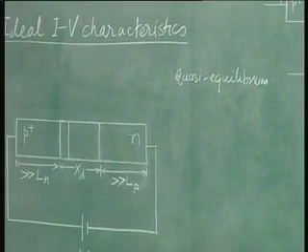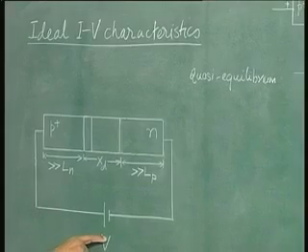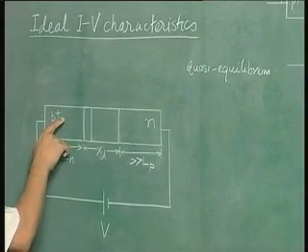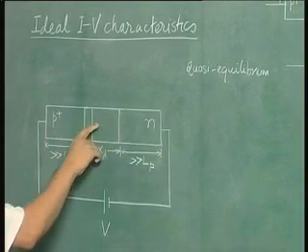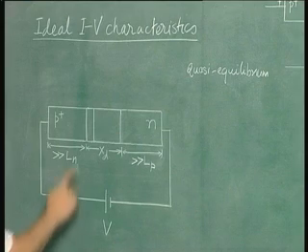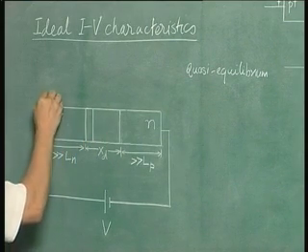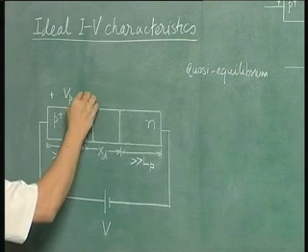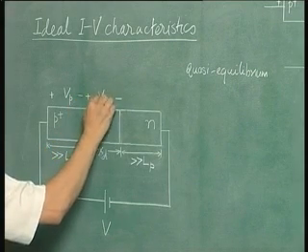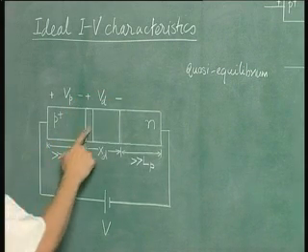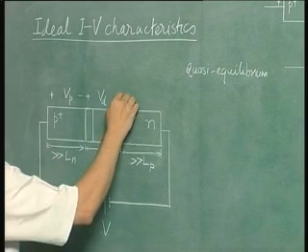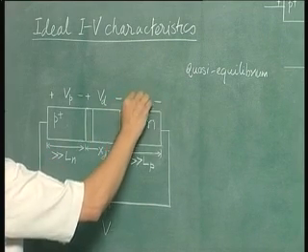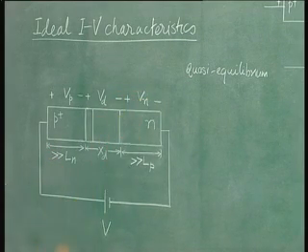Next, the applied voltage drops across the neutral regions as well as the space charge region. So let us show these different voltage drops as Vp across the p region, Vd across the space charge or depletion region, and Vn across the neutral n region.